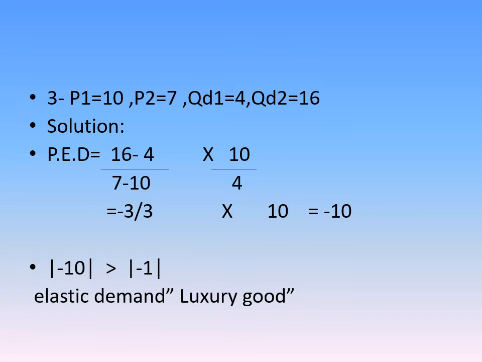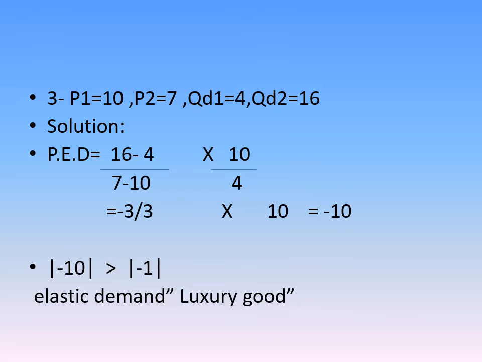Number 3, we have P1 equals 10, P2 equals 7, QD1 equals 4, QD2 equals 16. What is the solution? Applying the same rule, we have negative 10. Forget the negative sign. 10 is more than 1, so we have an elastic demand. Elastic demand means luxury good.